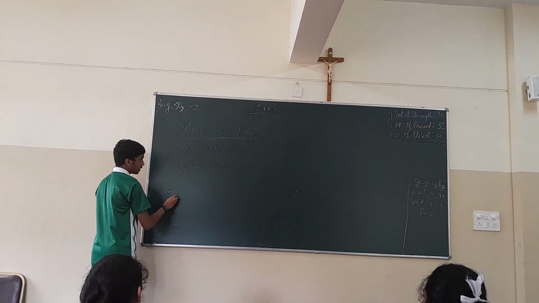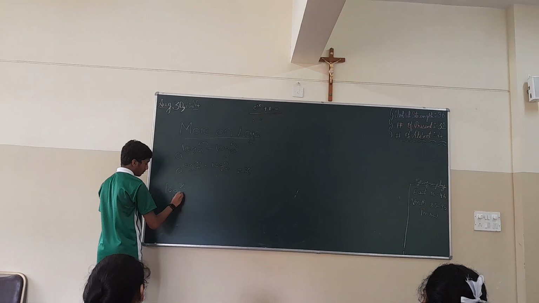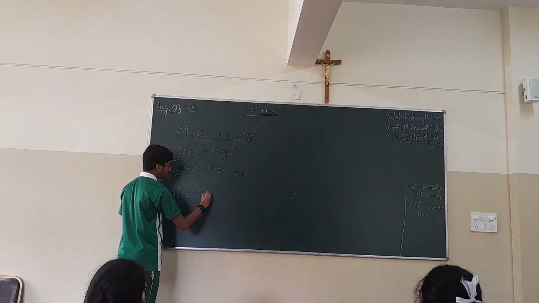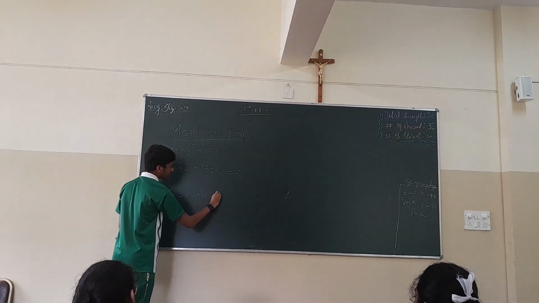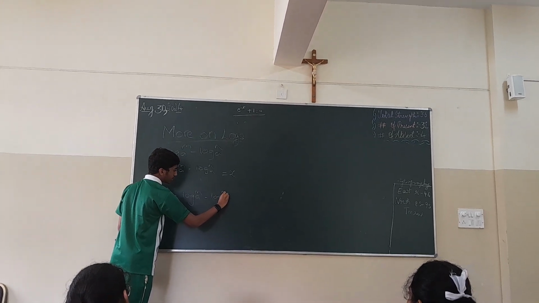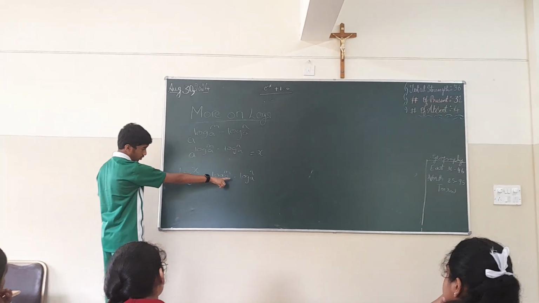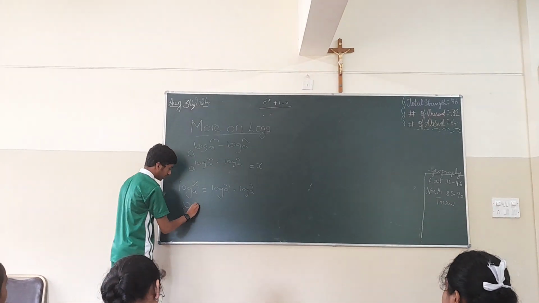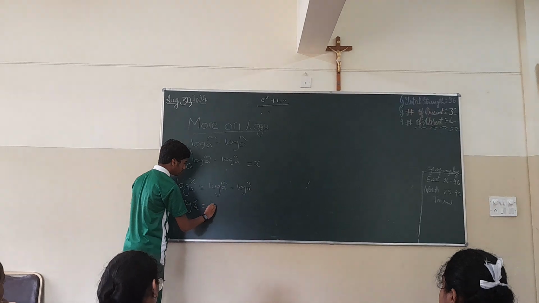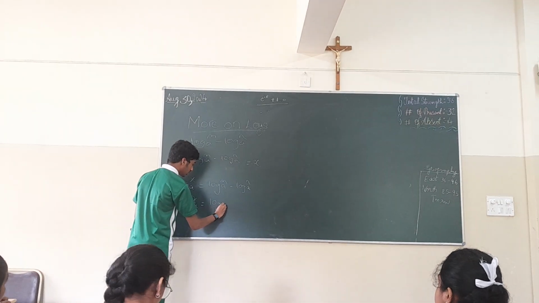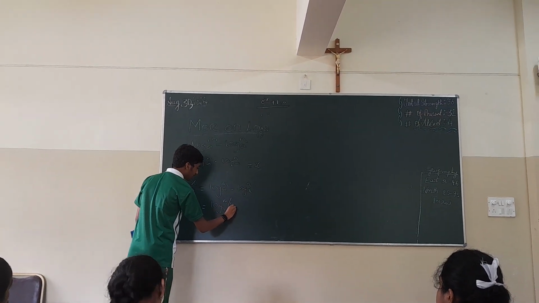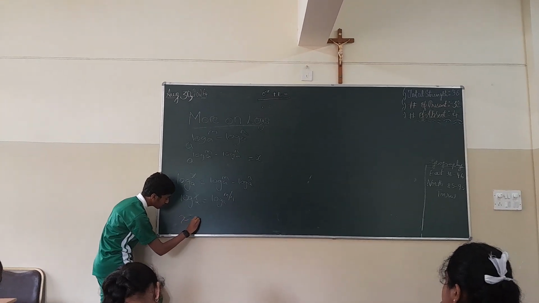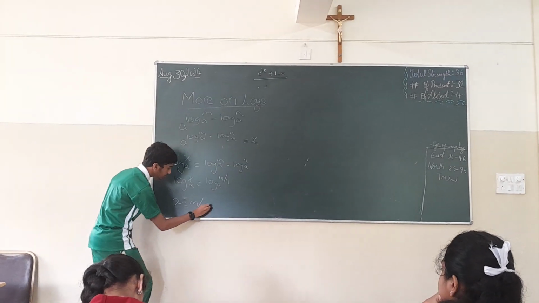Log x to the base a is equal to log m to the base a minus log n to the base a. Use your quotient law here. m divided by n.